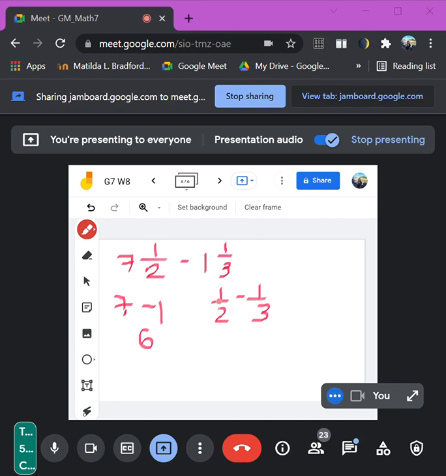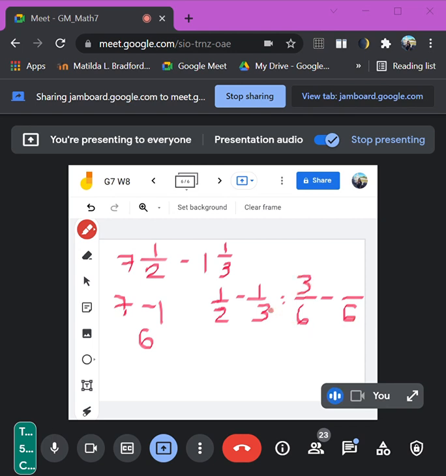So, we're going to find the LCD. LCM or LCD. So, what is their LCM, class? 6. Okay, 6. So, change 1/2. You have there 6 divided by 2, that is 3. 3 times 1, that is 3.